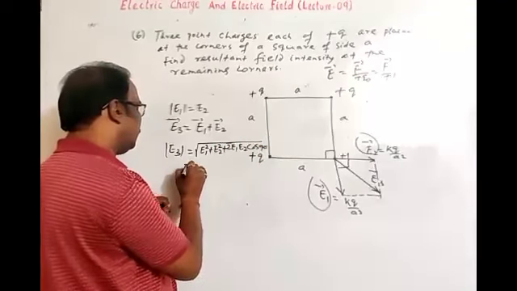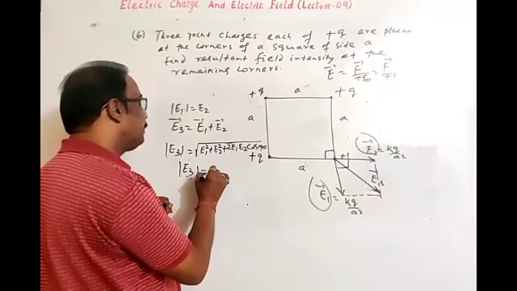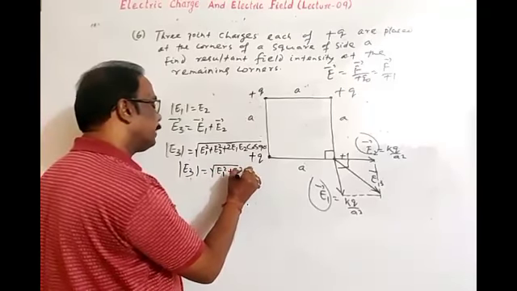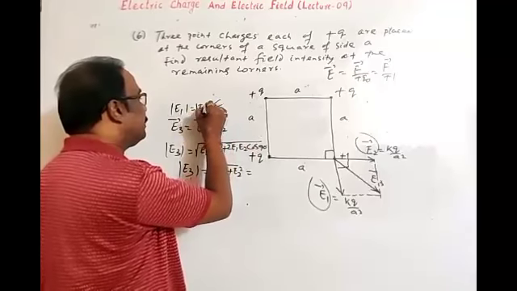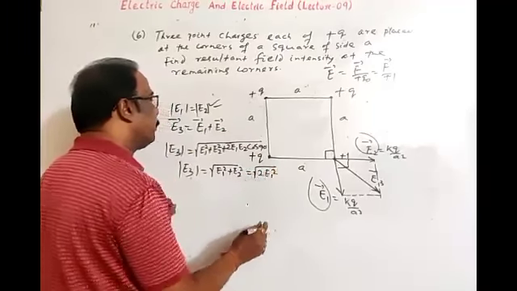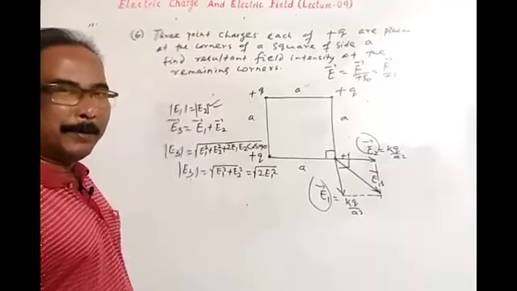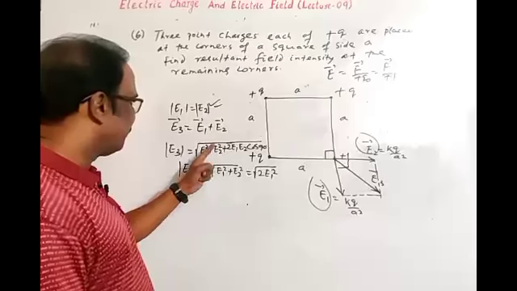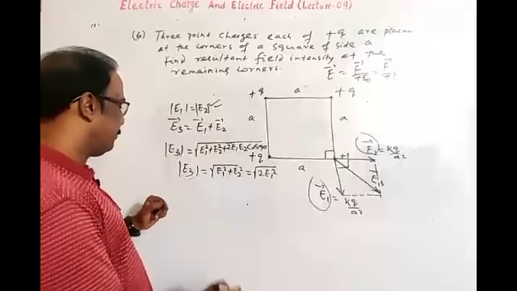90 degrees, and the magnitude of E3 is the square root of E1 square plus E2 square. Since the magnitude of E1 is equal to the magnitude of E2, we can write either the square root of 2E1 square or the square root of 2E2 square. In place of E2 we may take E1, or in place of E1 we may take E2.